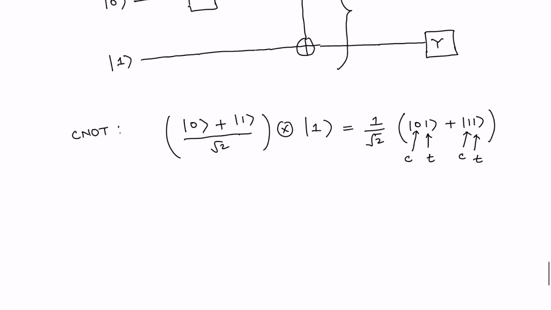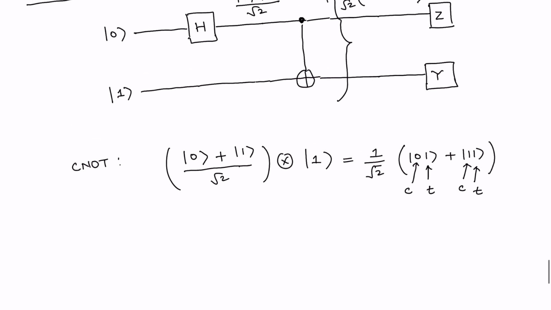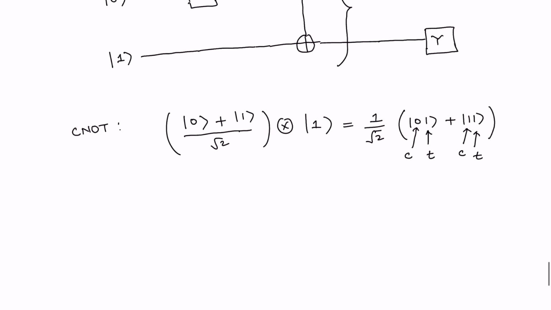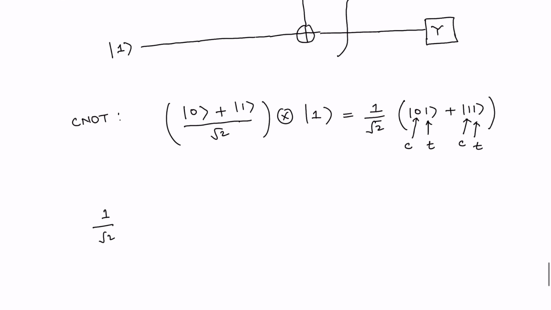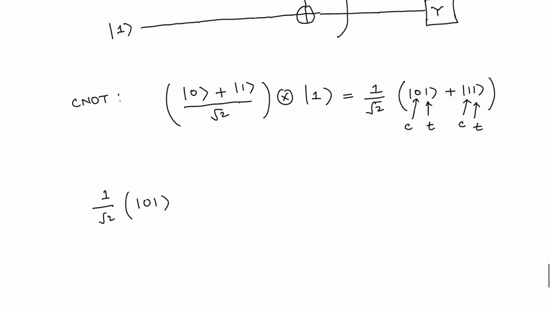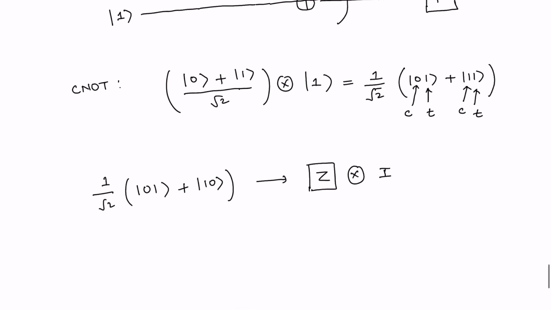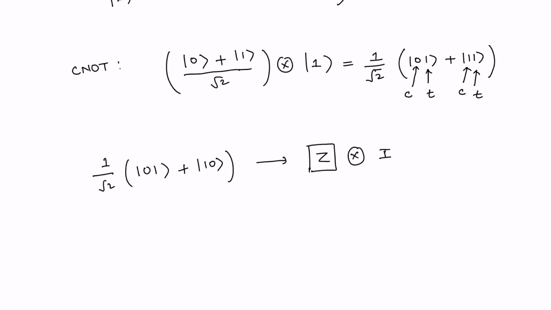After the C0 gate you have the state 1/√2 times (|01⟩ + |10⟩), and now this is going to encounter the Z gate, and there is nothing in the second line, so it is going to be the identity.